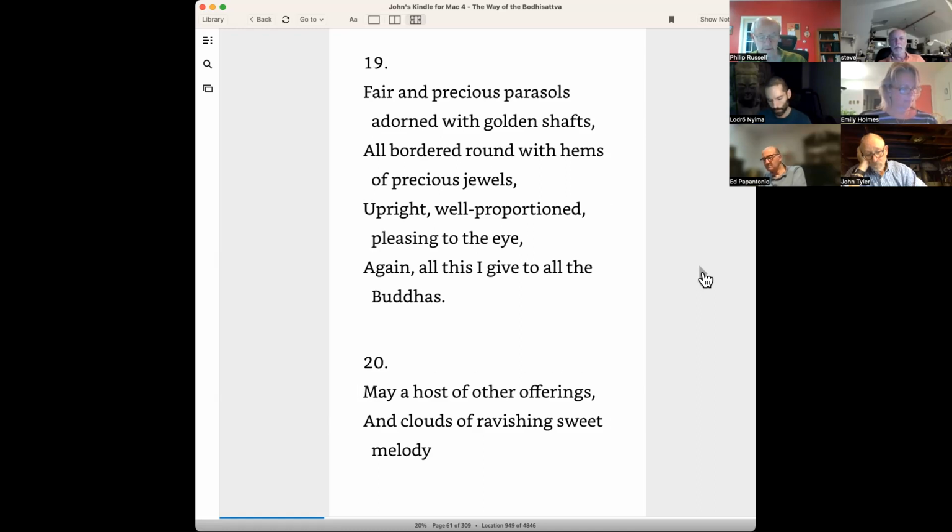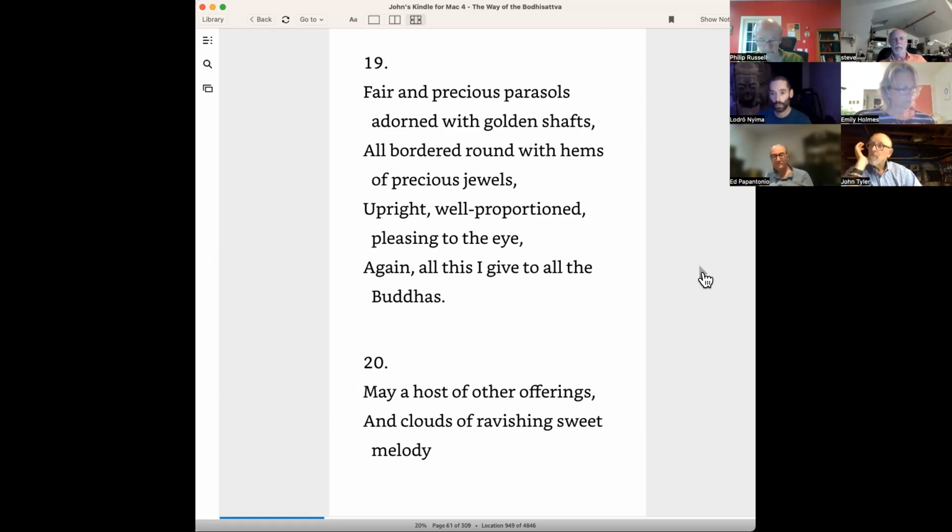Fair and precious parasols, adorned with golden shafts, all bordered round with hems of precious jewels, upright, well-proportioned, pleasing to the eye. Again, all this I give to all the Buddhas.